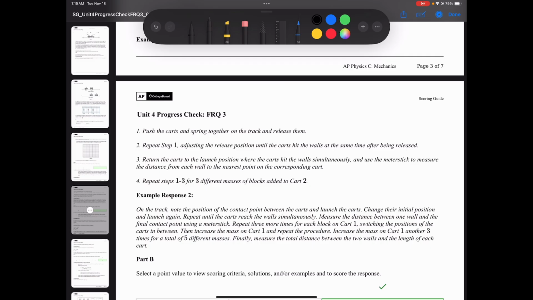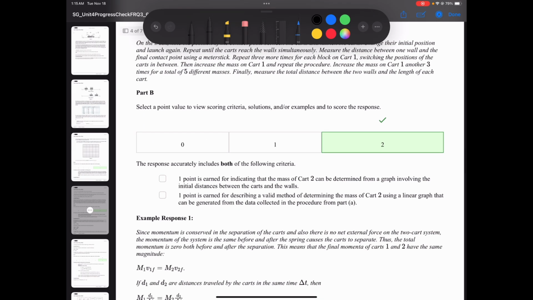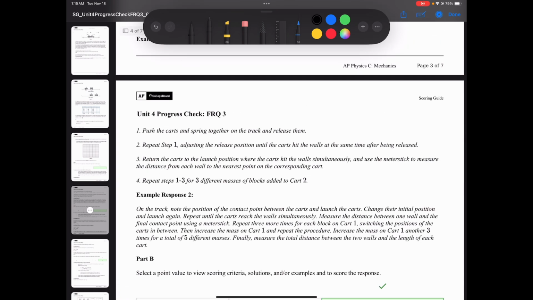All right, so as soon as they hit the wall at the same time, that's when you can use the meter stick, and instead of comparing the ratio of the velocities, you can compare the ratios of the distances, right? And this comes up in the later parts of the problem, but I want us to appreciate that fact, right? So we have m1 v1f. We know that has to equal m2 v2f.